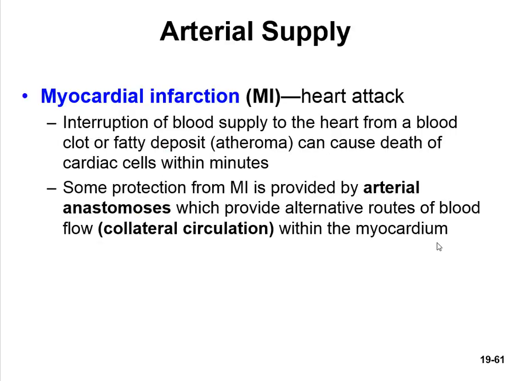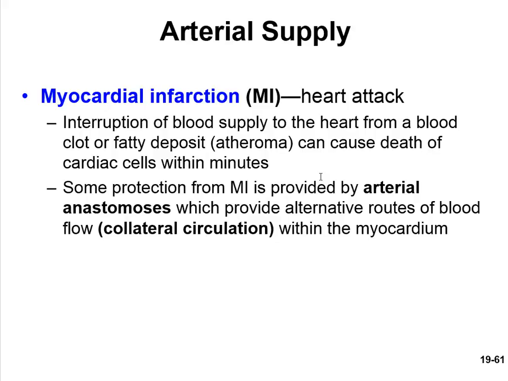When cardiac muscle does not have what it needs with oxygen, if there's a blockage somewhere, that's called a myocardial infarction, sometimes also called an MI or just a plain heart attack.